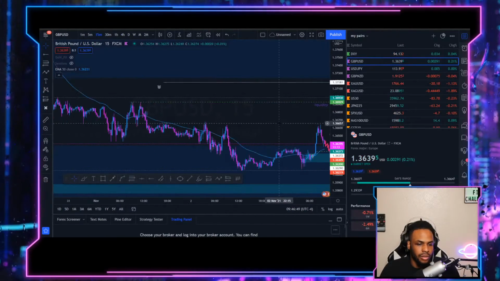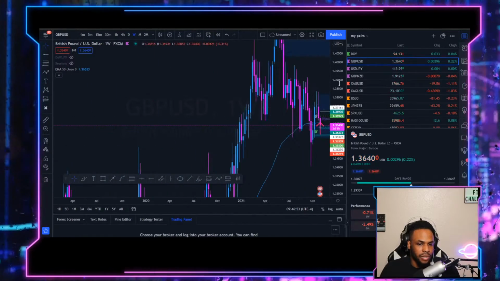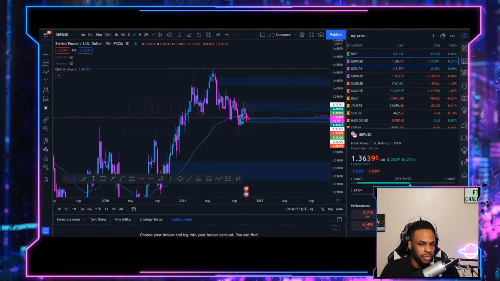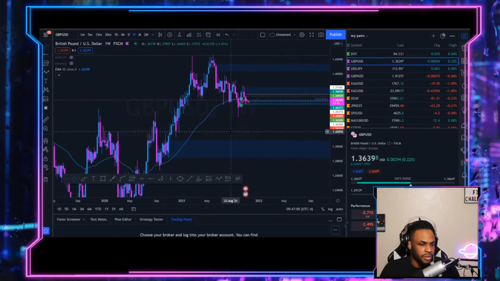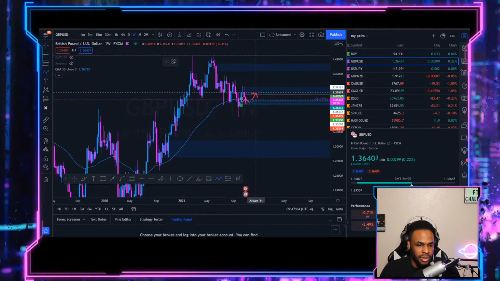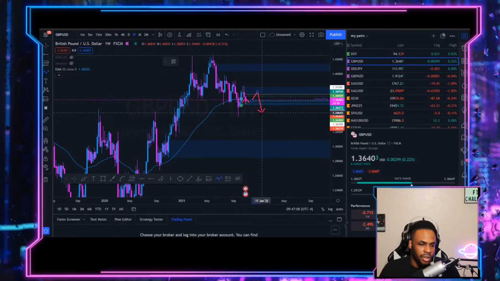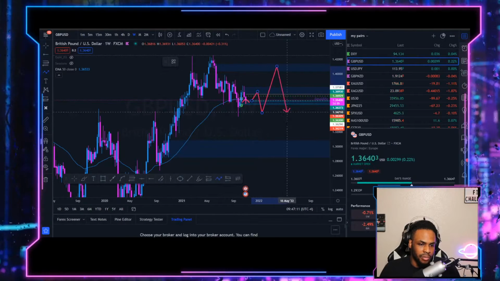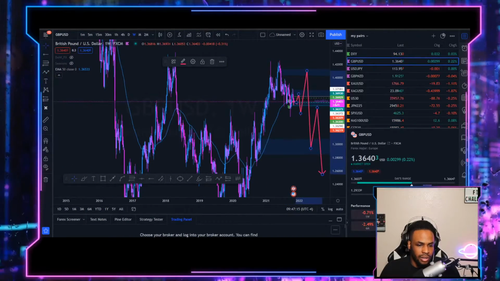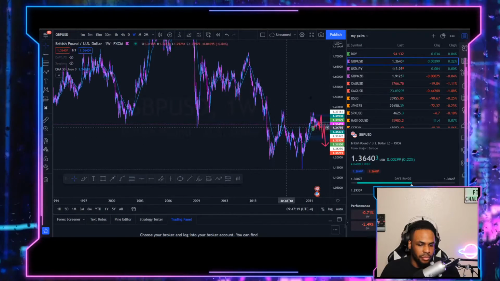And if you want to look at the overall trend of GU, on the weekly chart, we're bearish for the most part. So we might get a push down or push up from this zone into this zone, maybe a slight retracement, something like this, and then continue down to continue this overall bearish trend.